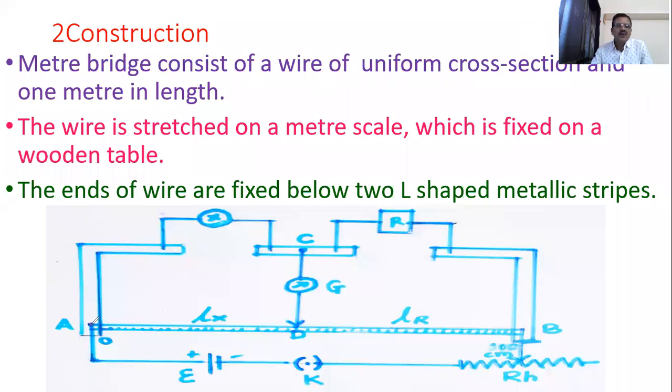Here, this is one end of the wire, end A. This is the other end of the wire, end B. These two ends of the wire are fixed below two L-shaped metallic strips.